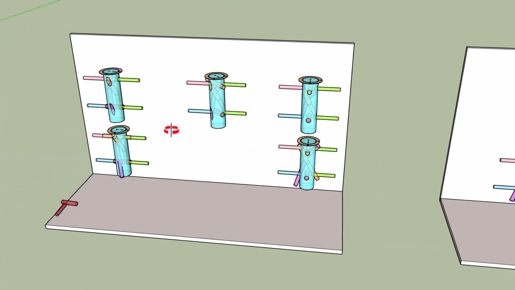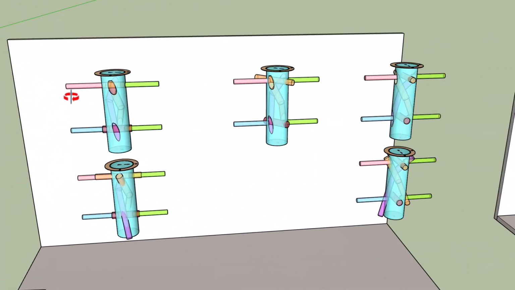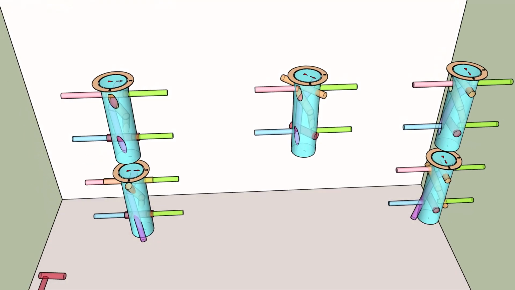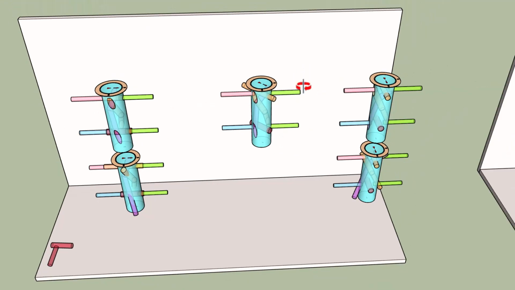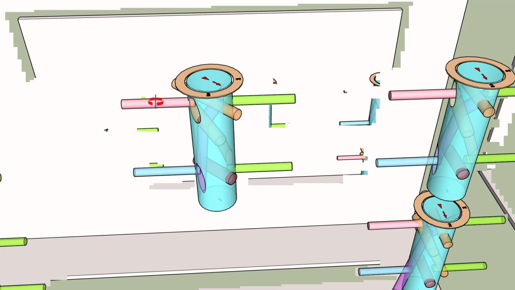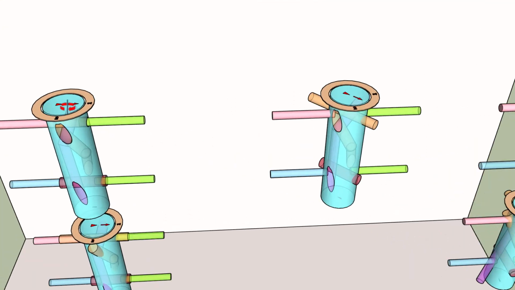This is a valve that I've been working on. This is the stem of the valve here, and it can rotate. So you can see that this is pink for pressure and blue for suction or return. So when the valve is in this position, number one, the pressure comes out here and the suction goes in there.